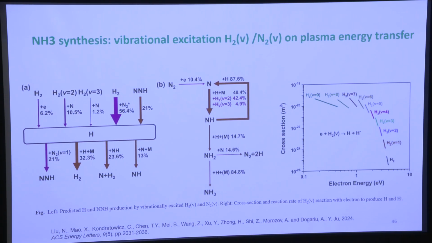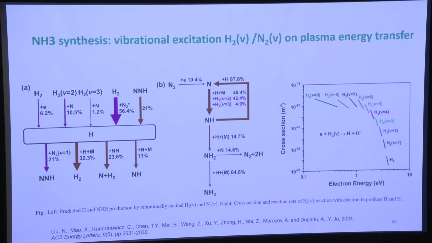So this is great. However, in a hydrogen process, if electrons react with a hydrogen vibrational state, these reactions can generate hydrogen atoms and negative hydrogen ions, but the cross-sections for hydrogen vibrational levels 1, 2, 3, 4 are dramatically different.